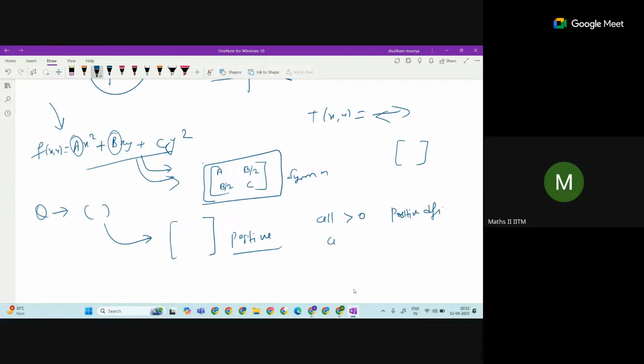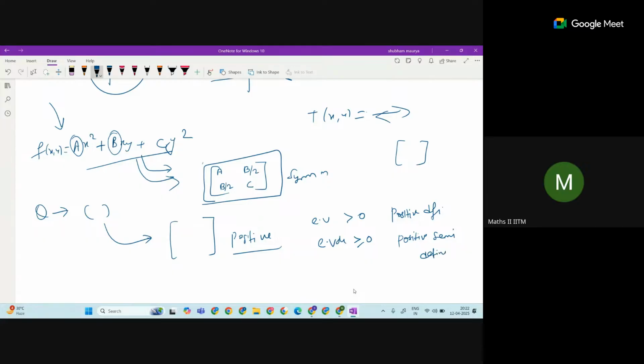If all eigenvalues are greater than or equal to 0, meaning either 0 or positive, then it is called positive semi-definite.